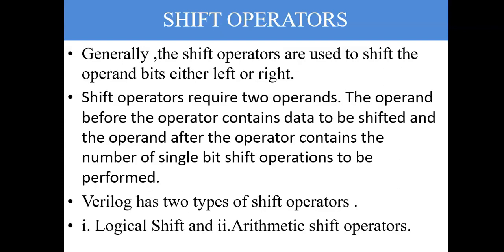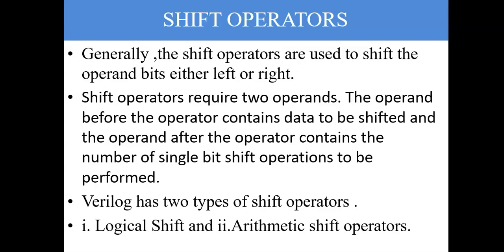Similarly, a very well known and very important operator is shift operators. Normally, as the name itself indicates, the shift operators are used to shift the operand bits either left or right. Shift operators require two operands.